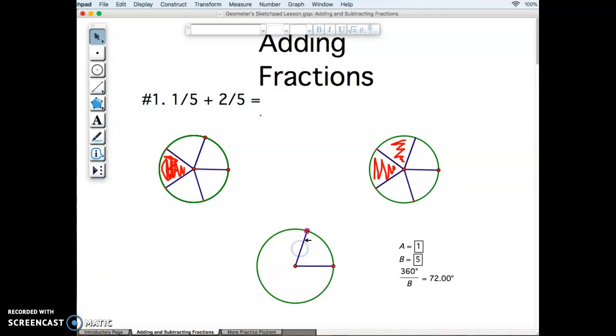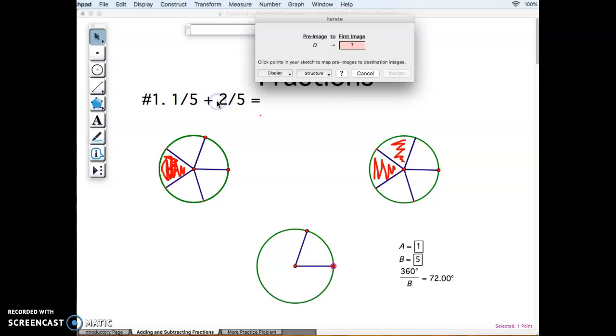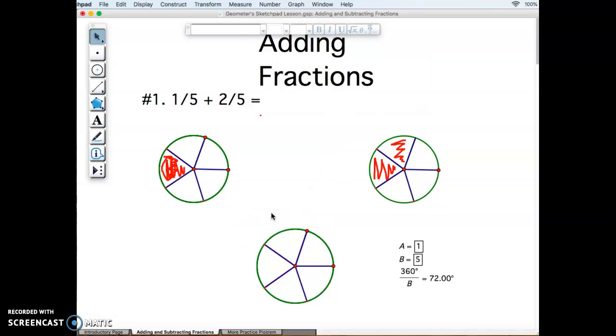And then in order to get all 5 sections, I'm just going to click on this point here, click on Transform, Iterate, and then in order to get this letter here, I'm just going to press this point here, and then press OK, and there you have it.